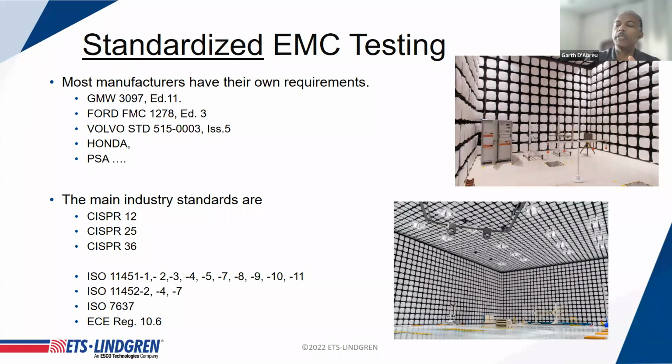But from a barrier to trade perspective, in Europe, you're just not allowed to sell products unless they've got the E mark associated with Regulation 10.6 for automotive components and vehicles. I mentioned that the standards are quite often broken up into individual sections, and I'll touch on some of those in a couple of the later slides.